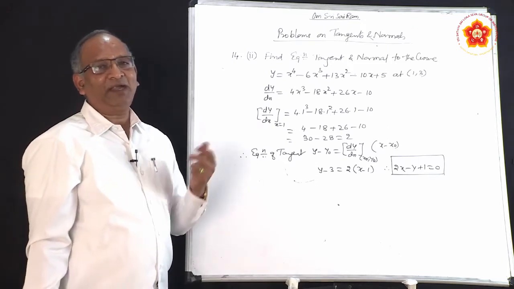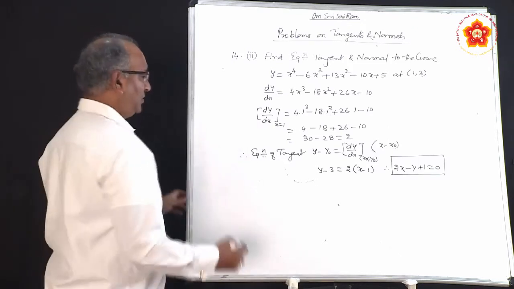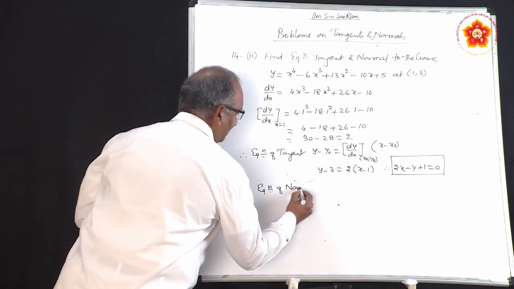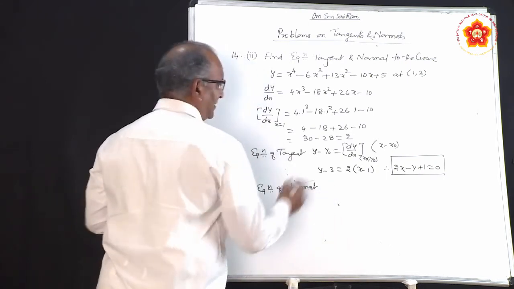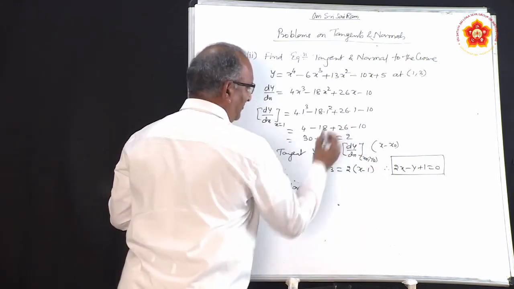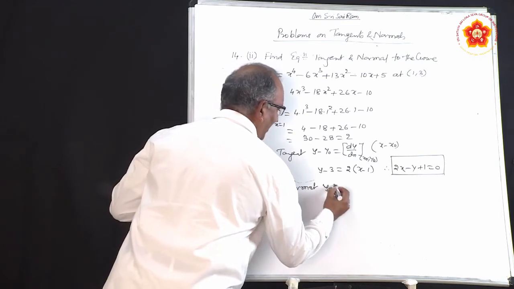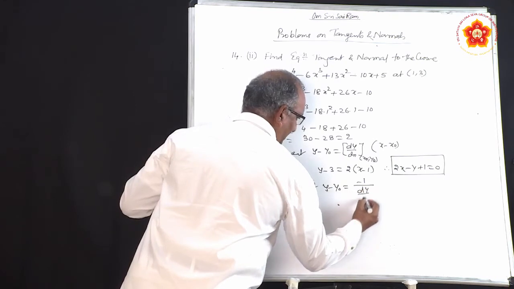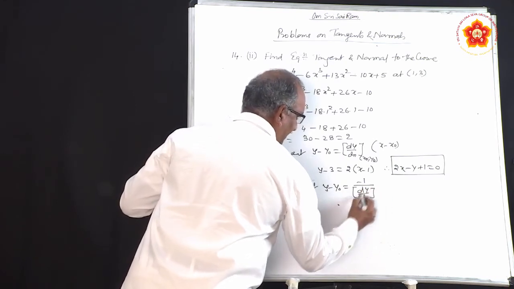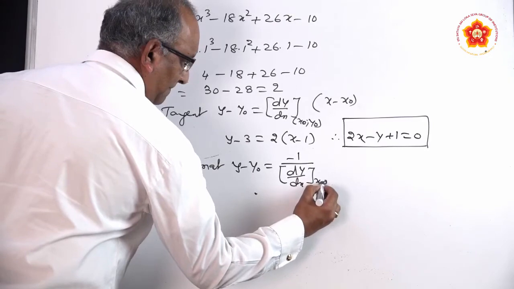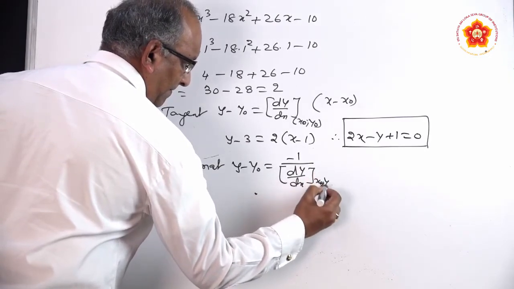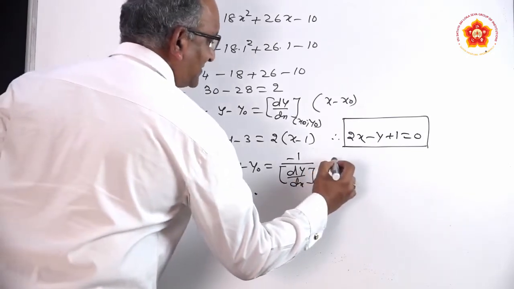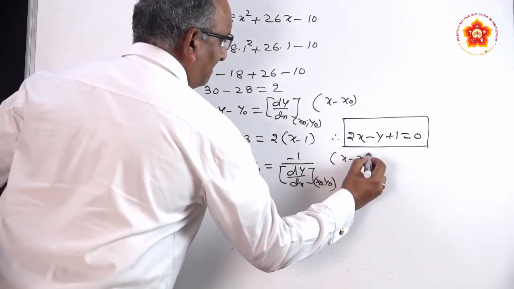He is also asking what is the equation of normal. So write the equation of normal. Same equation, only this m will change, slope will change. Y minus y0 equal to minus 1 upon dy by dx at x0 y0 into x minus x0.